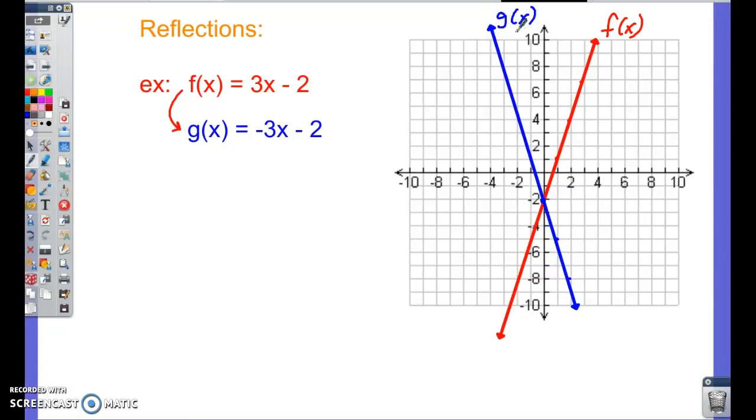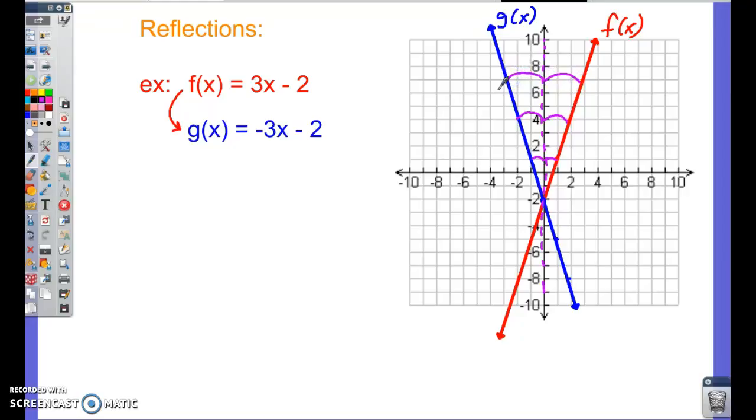Now, as far as this goes, if you picture an imaginary line splitting these two in half, which is essentially the y-axis here, notice how right here it looks like 1 unit away. There's a point 1 unit away there. 2 units away, 2 units away here. 3 units away, 3 units away.